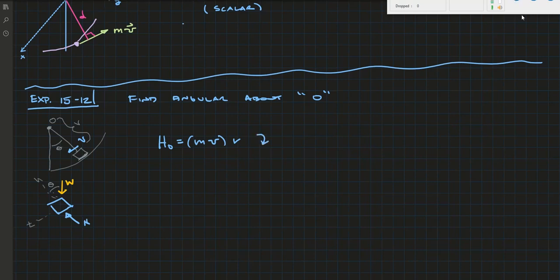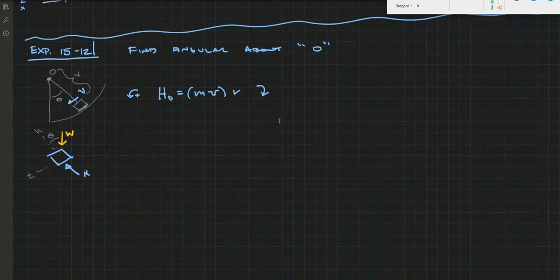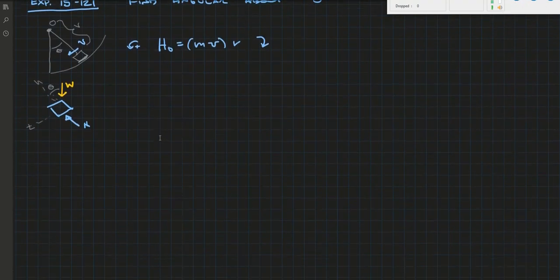So by convention, since it's clockwise, we might call that a negative. Since using the right-hand rule, positive is counterclockwise, we might call that a negative value. Okay, that's the first part of example 15.12.